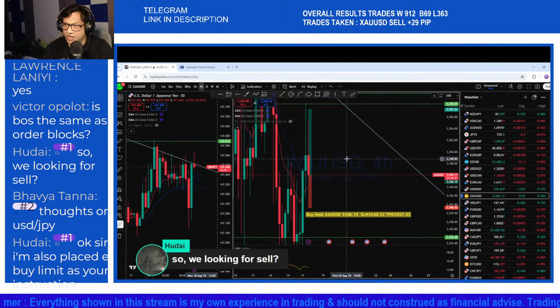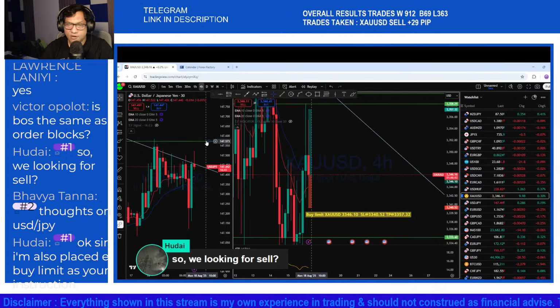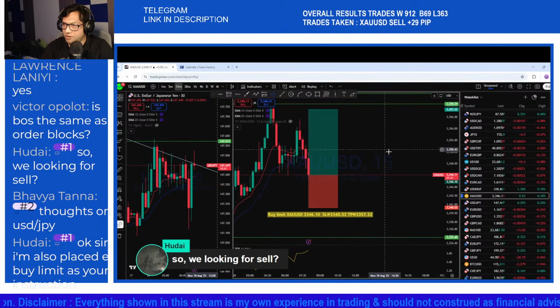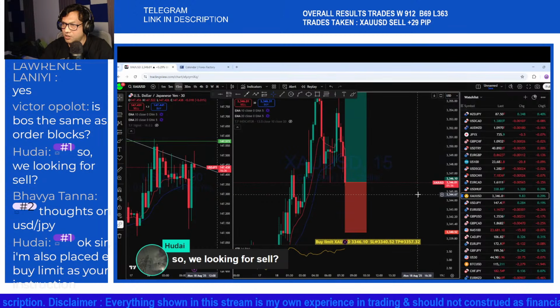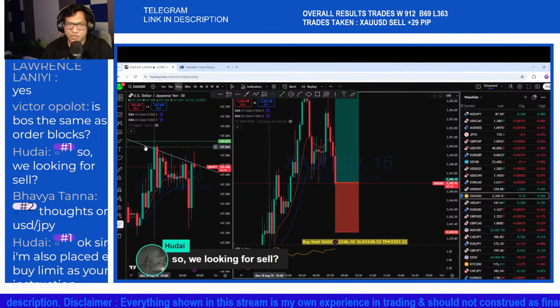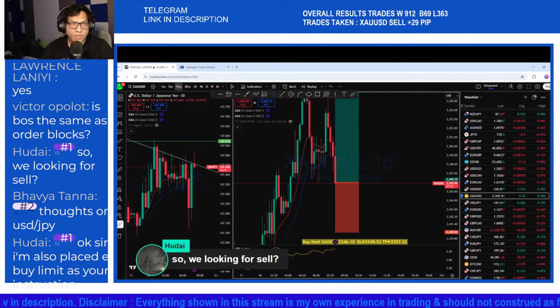Session's low has been hit, and this is where we are expecting a potential rejection back to the upside here. So the 15 minutes candle has just touched that level to the downside.